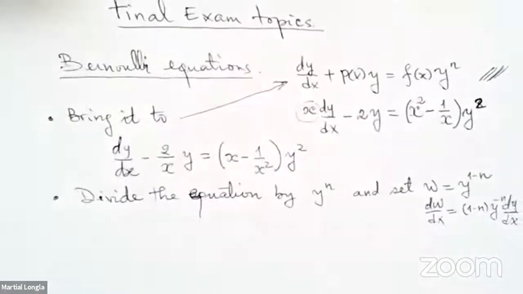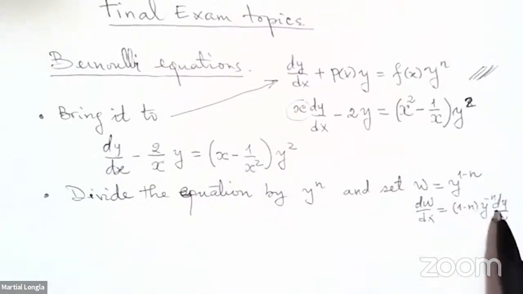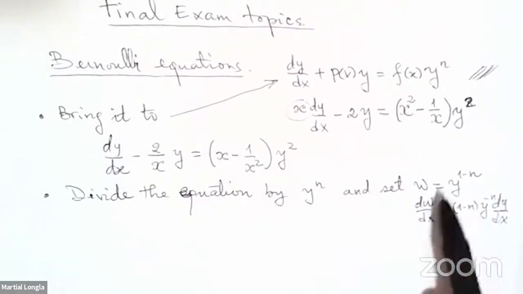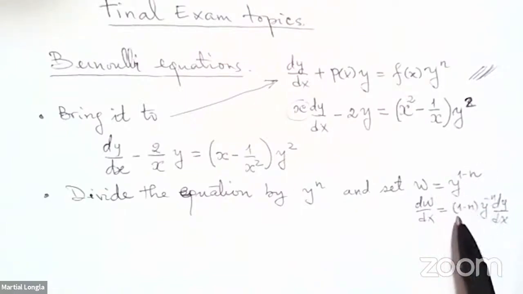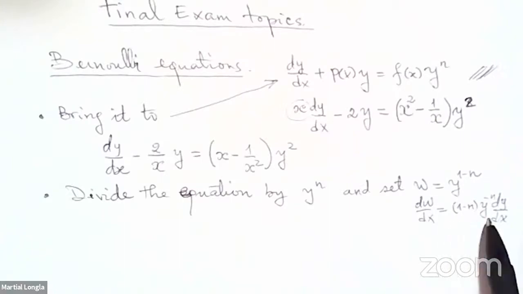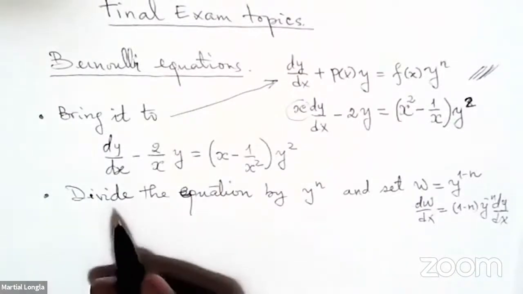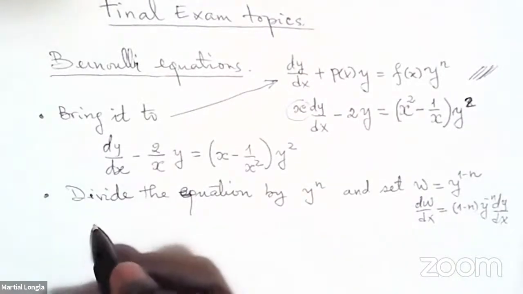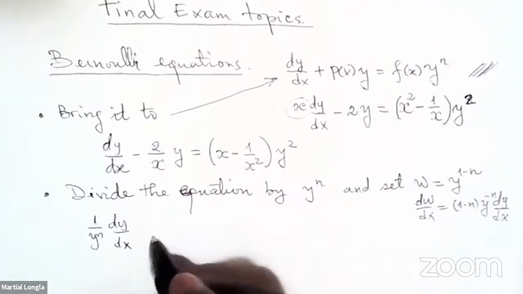This derivative is obtained using the chain rule. Because y is a function of x, you take the derivative as if it was just y, and then multiply by the derivative of y with respect to x, which is dy/dx. So here we have 1 over y^n dy/dx. That's what we get when we divide by y^n.